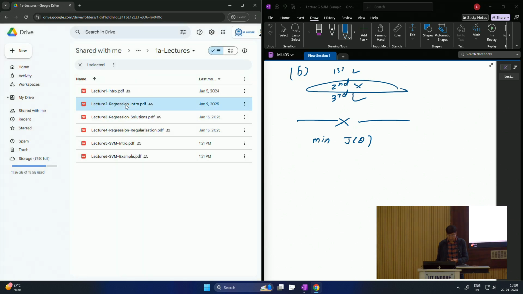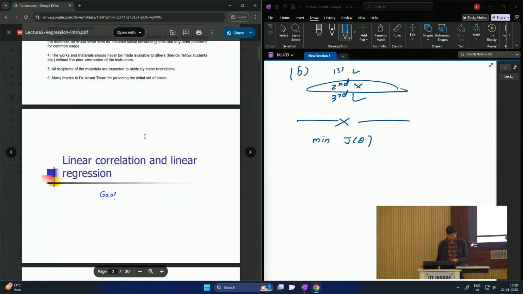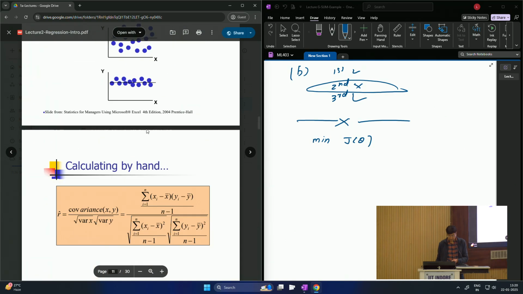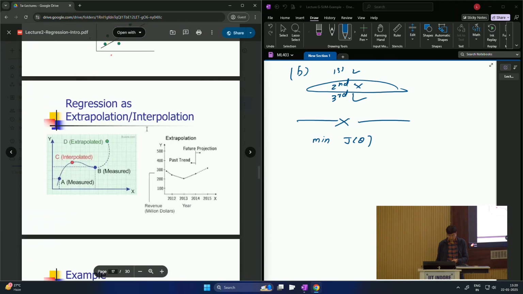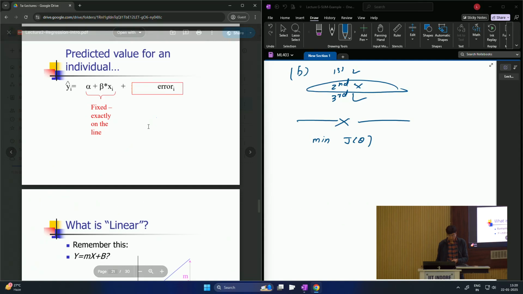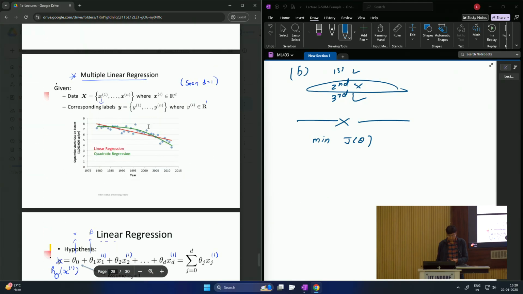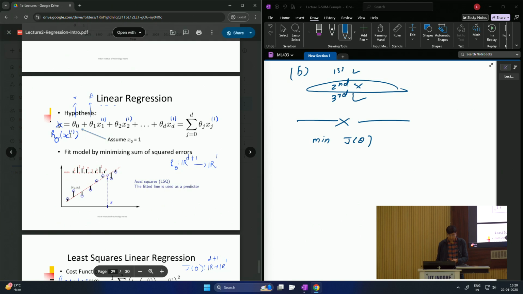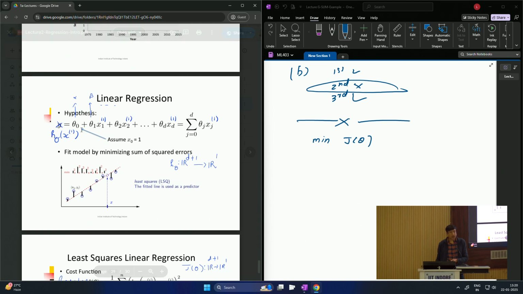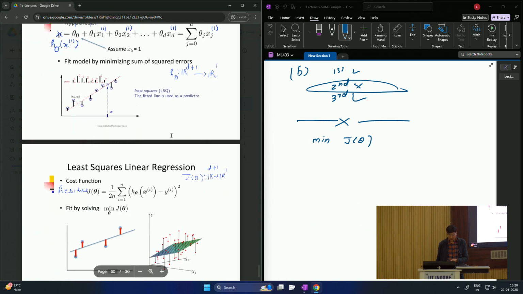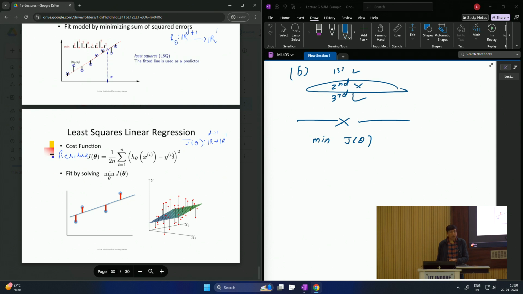So this was probably here that we wrote, right? When you're doing multiple linear regression, we had written H theta at point x1 is this, and then we were taking the difference, doing it in a least square sense, which I had motivated, and then we were trying to minimize this. Everybody agrees?